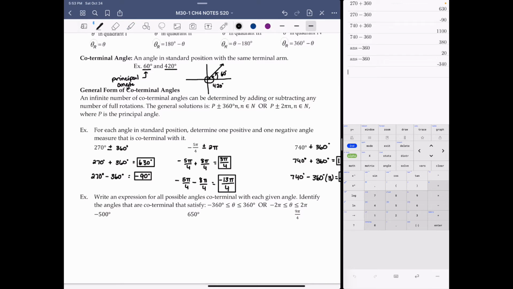The first one is degrees, negative 500 degrees.